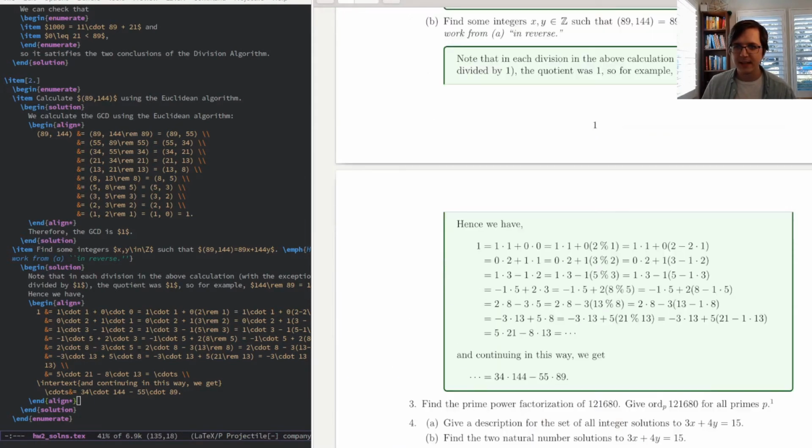So we wanted to find, therefore, with x equals -55 and y equals 34, we have 1 = 89x plus 144y.